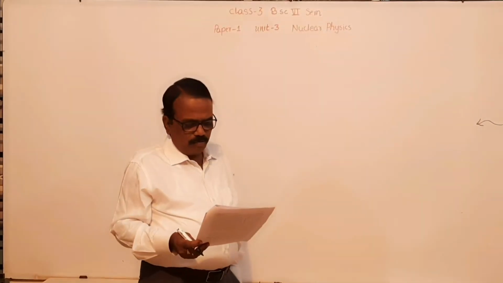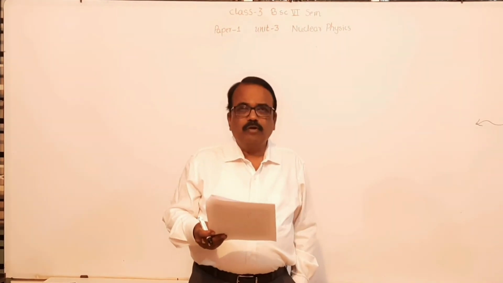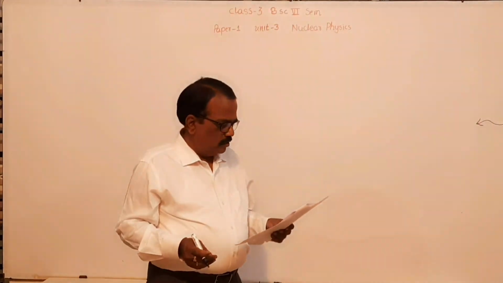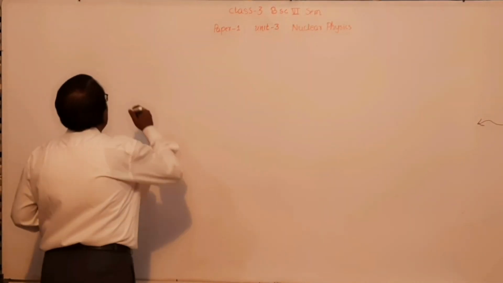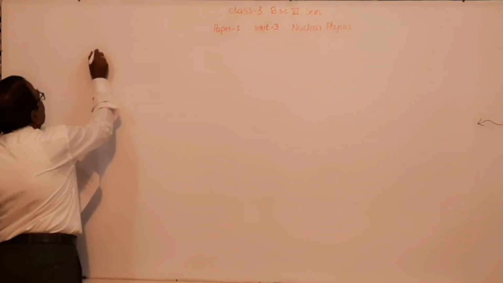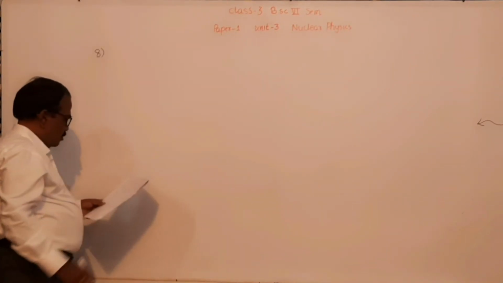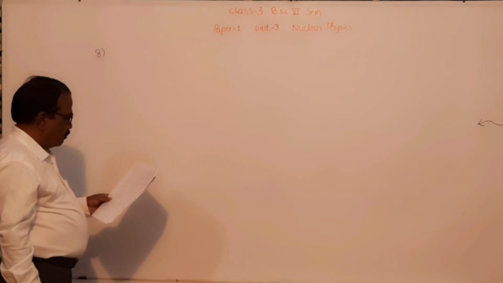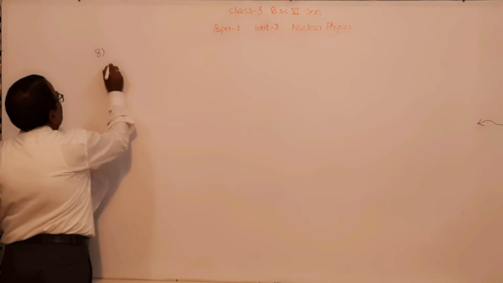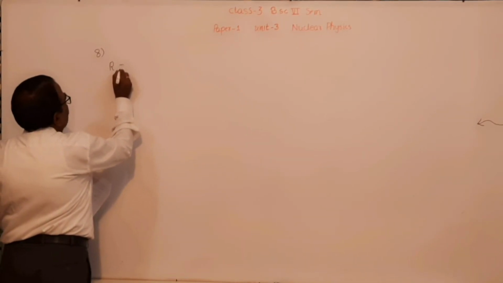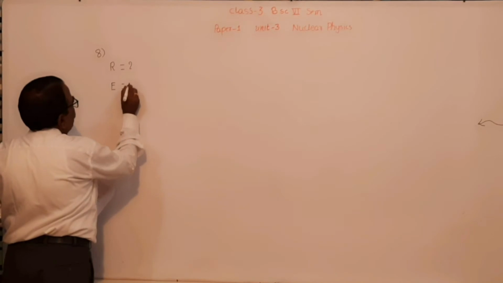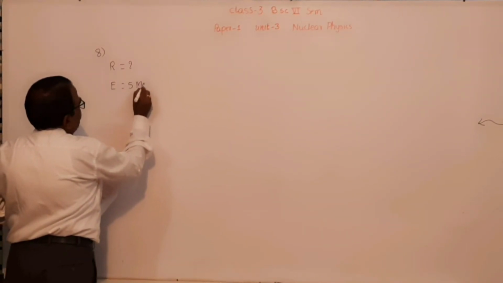Now let us solve some examples. I hope you have the notes with you. See that 8th question. What is the range of a 5 mega electron volt alpha particle? So they have asked what is R. 5 MeV means they have given the energy.